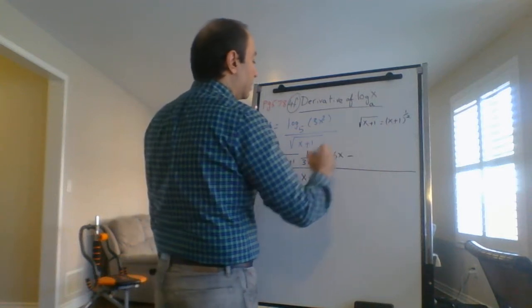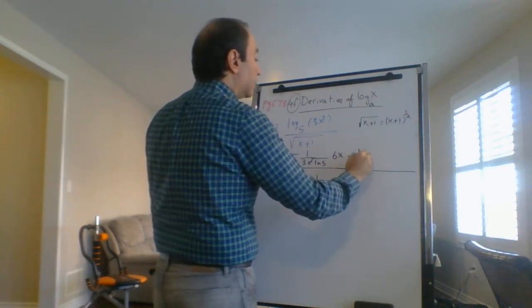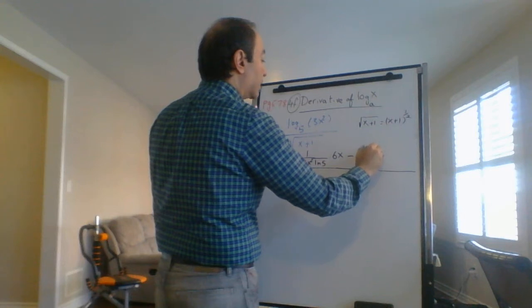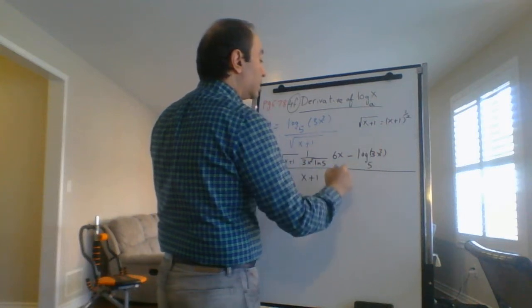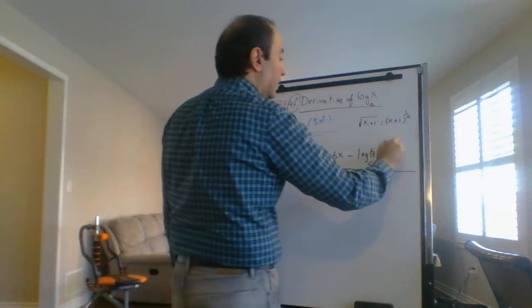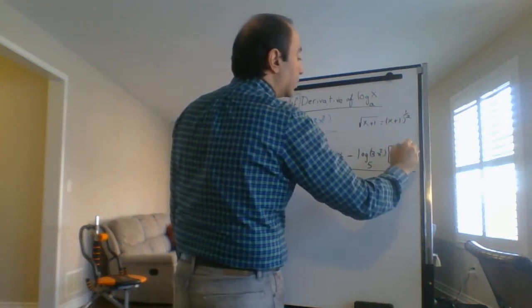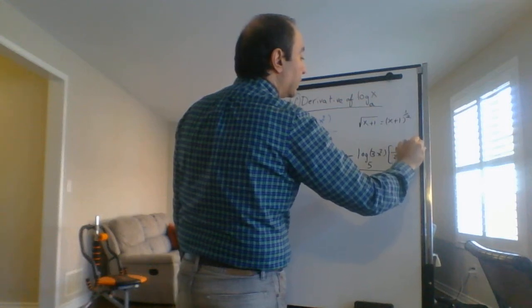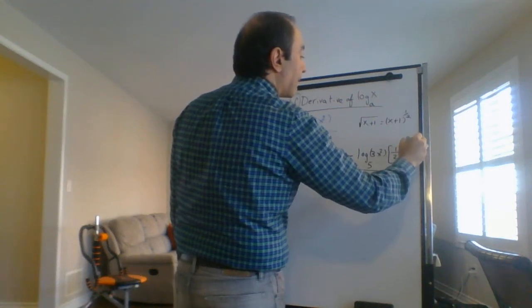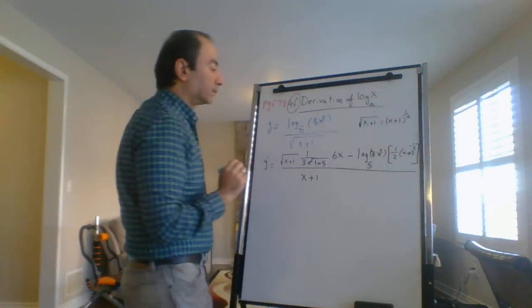Minus high d low. High is log base 5 of 3x squared. D low, the derivative of the low, is 1/2 x plus 1 to the power of negative 1/2 times the derivative of x plus 1, which is 1.